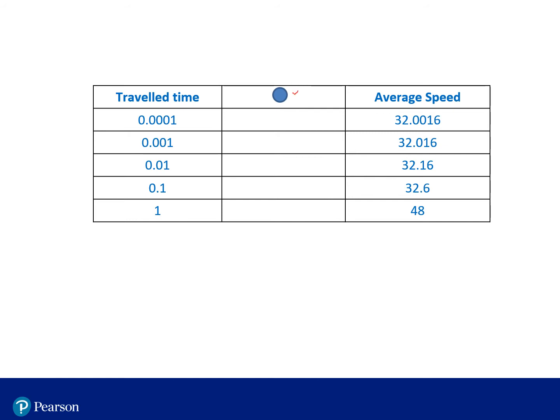When we drop it, after 0.0001 time, the ball will have an average speed of 32.0016, and after 0.001 time, the average speed is 32.016, all the way until the time from the ball dropping was 1 time unit, when its average speed would be 48.